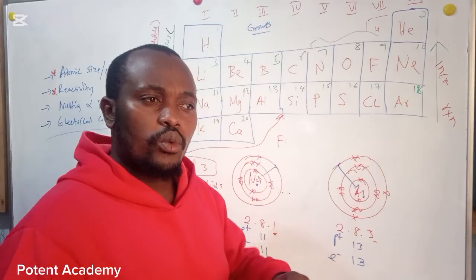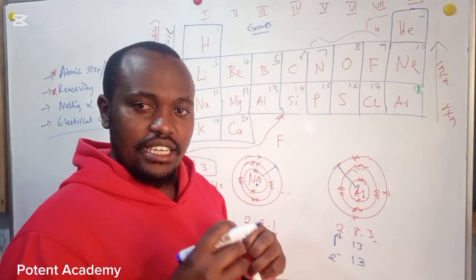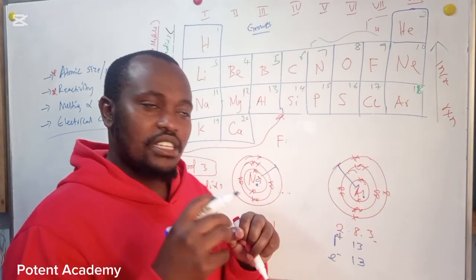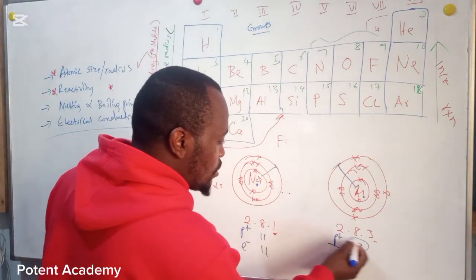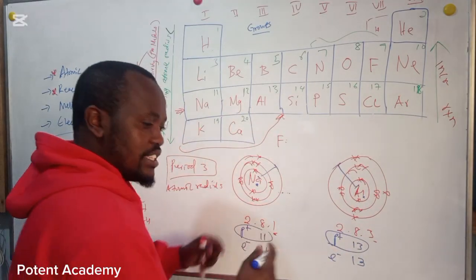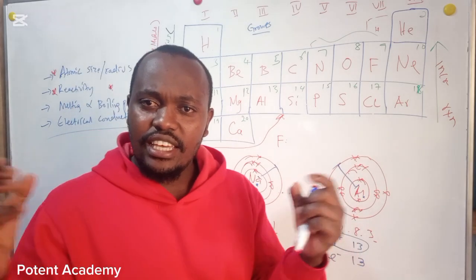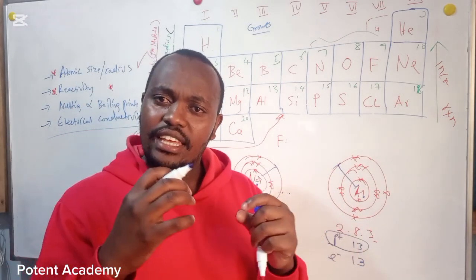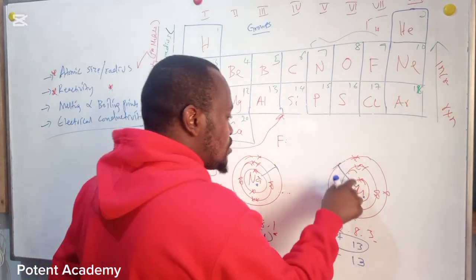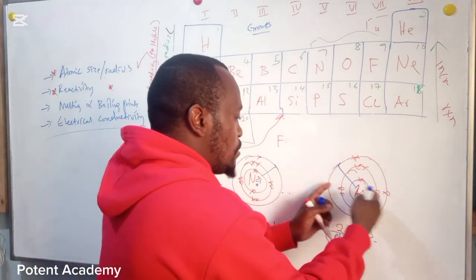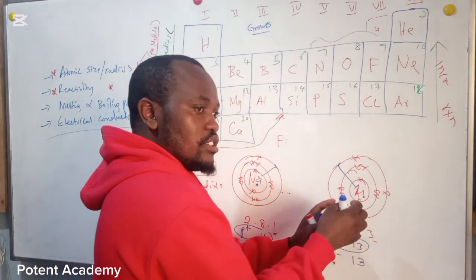We kind of want to talk about the nuclear charge here. As you go across the period, you are adding the number of protons. The nuclear charge attracts the electrons towards the center. The pull will be stronger, and therefore this outermost energy level, as you add more protons, gets closer to the nucleus.